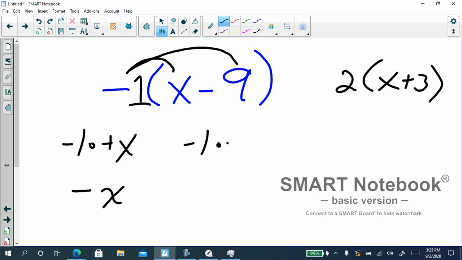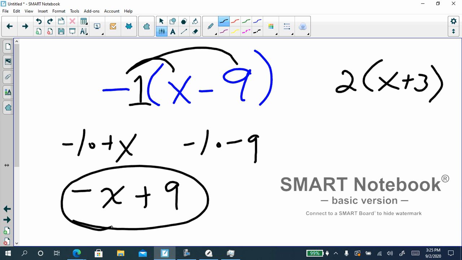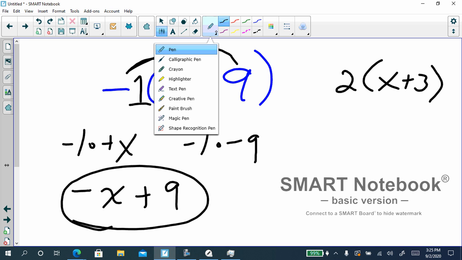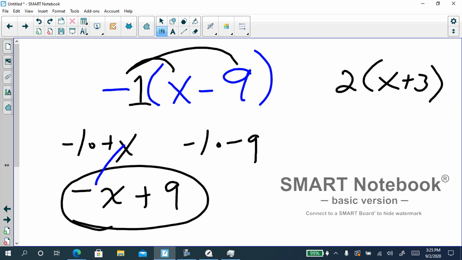A negative 1 times a negative 9, well, negative times negative is positive. 1 times 9 is 9. So if we compare, our signs are just opposites. The top x is positive, the final x is negative. The top 9 is negative, the last one is positive. So when we multiply by a negative, it changes our signs.